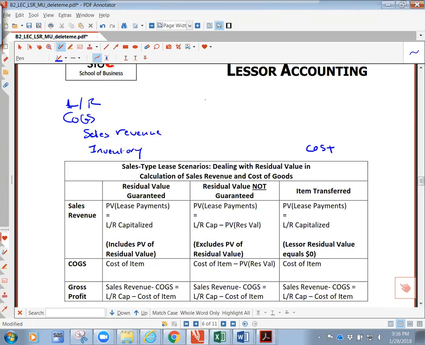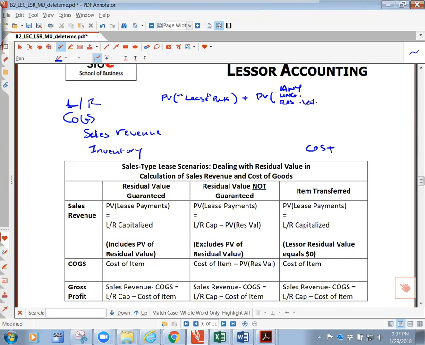The lease receivable is complicated, and we talked about it. It's present value of lease payments plus PV of any unguaranteed residual value.